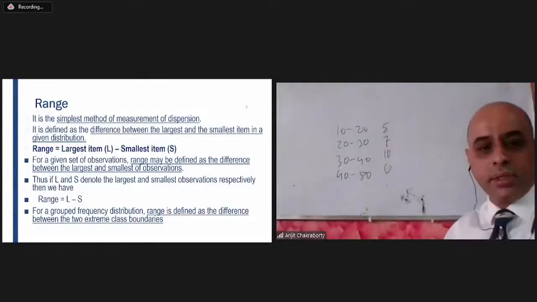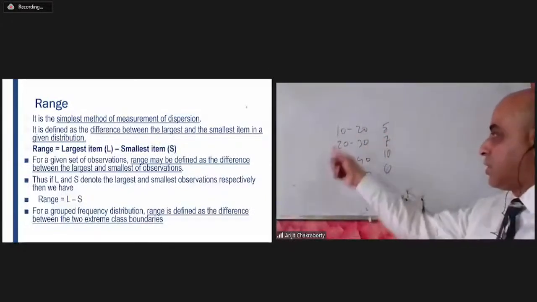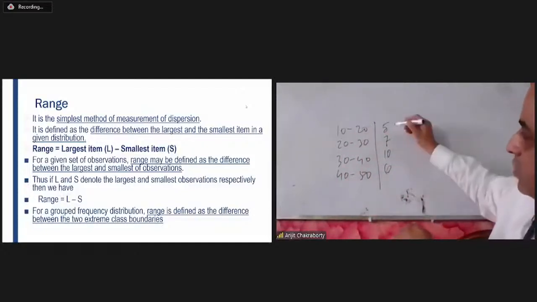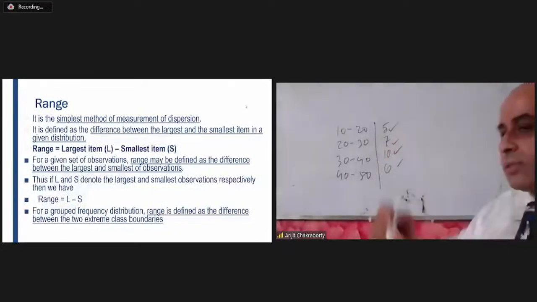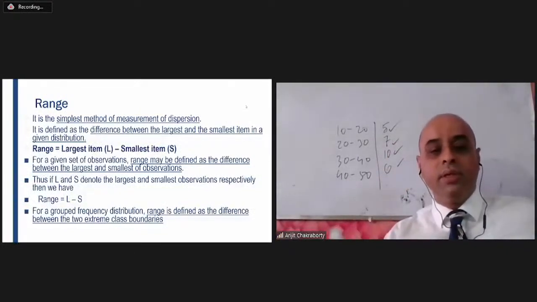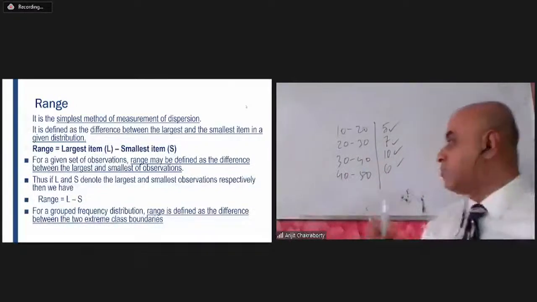So in such a case, there are class boundaries 10 to 20, 20 to 30, 30 to 40, 40 to 50, and these are the frequencies 5, 7, 10, and 6. So here the range is defined as the difference between the two extreme class boundaries.